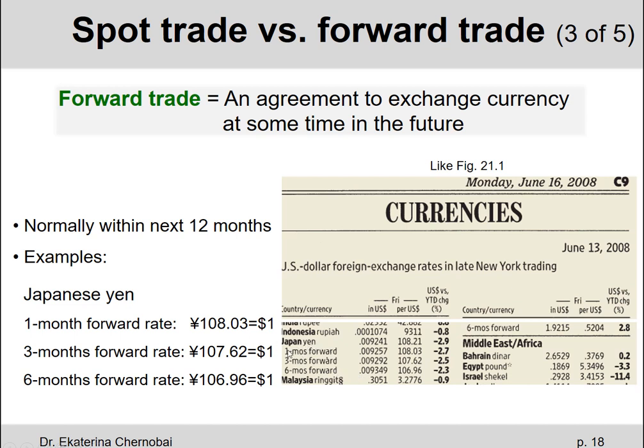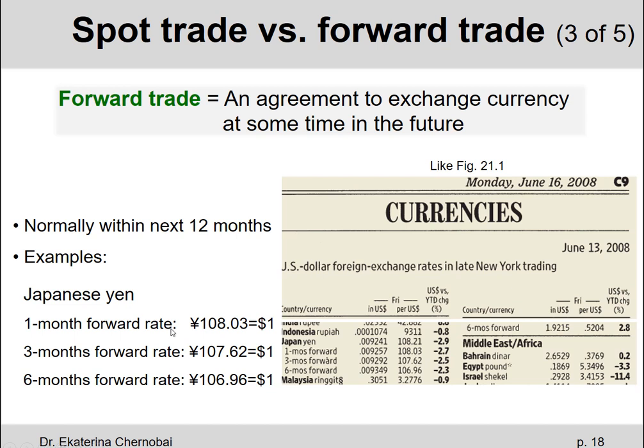So for Japanese yen, there is a 1 month forward, a 3 months forward, and a 6 months forward. So for example, for the 1 month forward rate, in the second column, it says 108.03. So it means 108.03 yen equals $1.